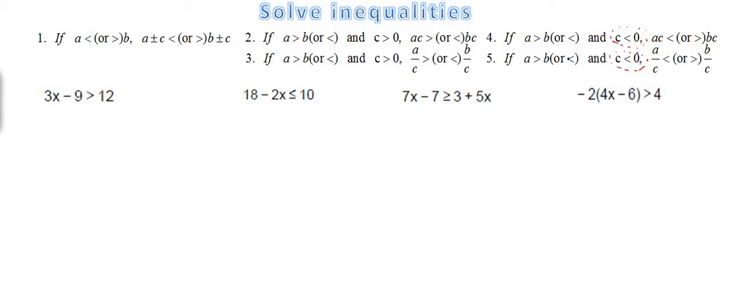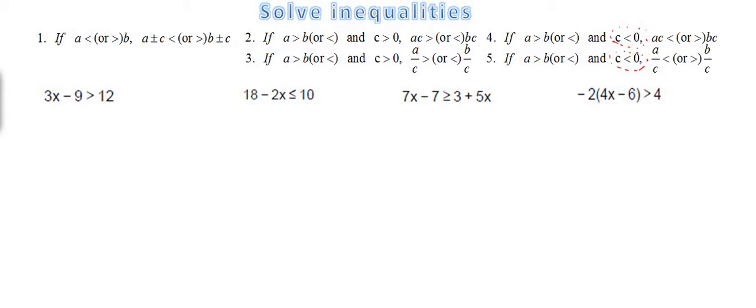If here is less than, here should be greater than. What does that mean? That means if we multiply or divide by a negative number, then the sign of inequality will change to the opposite one. So those are the rules of inequalities.